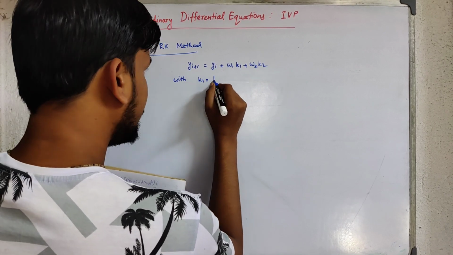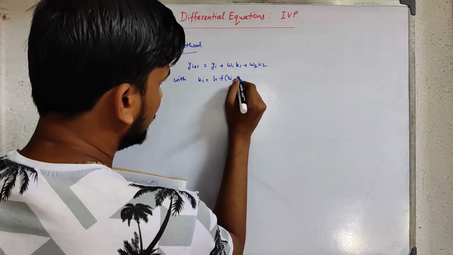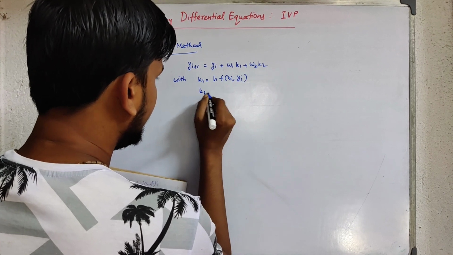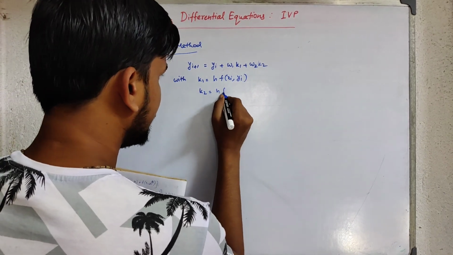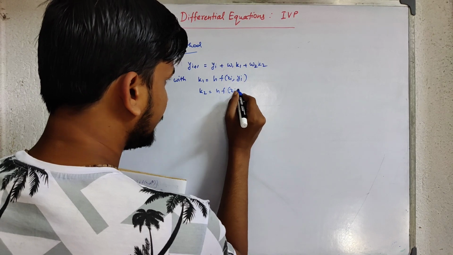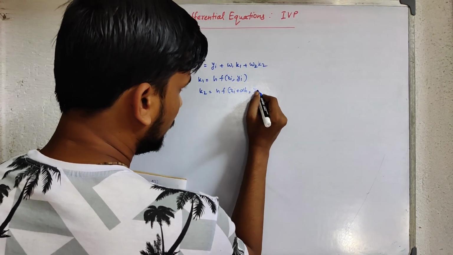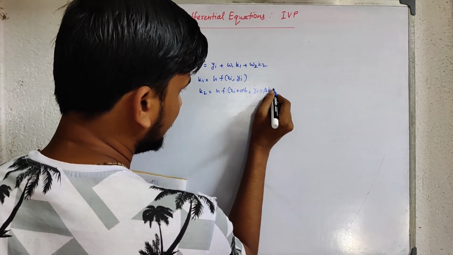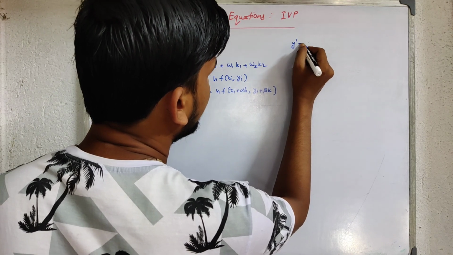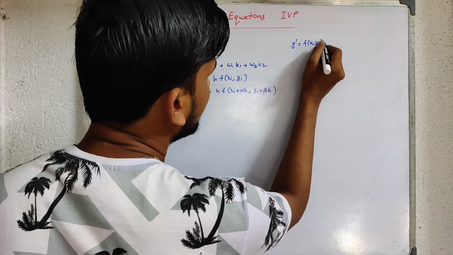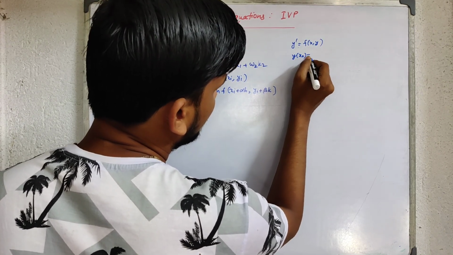With k1 equal to h f of x i, y i, and k2 equal to h f of x i plus alpha h, y i plus beta k1, and the differential equation is y dash equal to f of x y with y of x0 equal to y0.